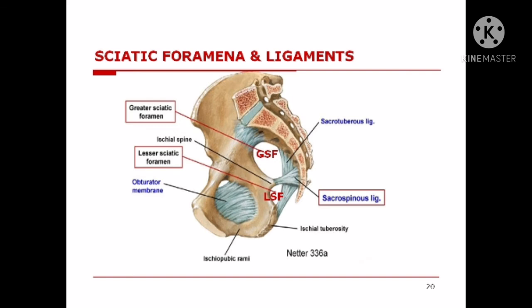These two foramina, the greater sciatic foramen and the lesser sciatic foramen, are the two important foramina which are the passageway for the structures from behind, from the gluteal region into the posterior thigh or the lower limb.